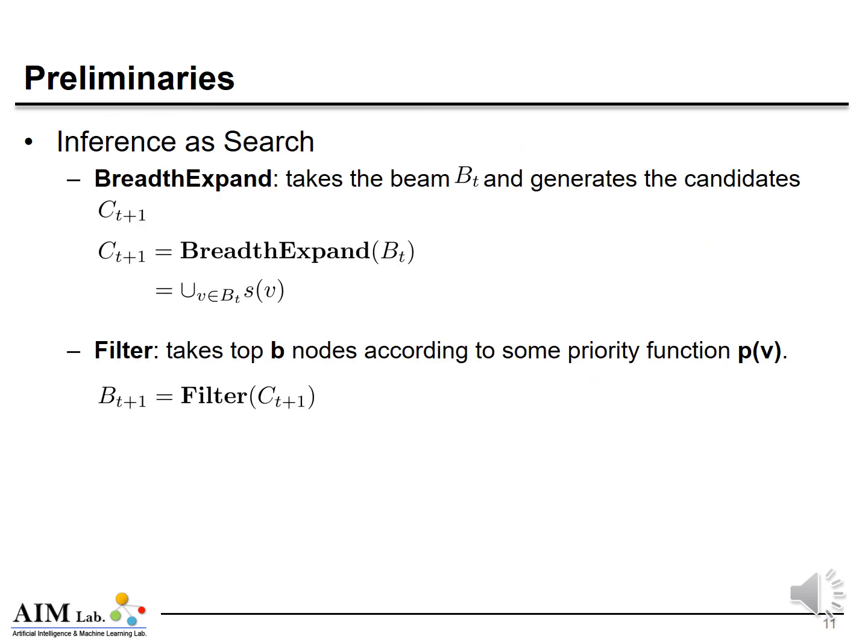Various graph search algorithms can be used for performing inference. For efficiency, we can use beam search with a fixed beam width B. When search begins, the beam B0 contains only the initial node I. We define the function breadth expand, which takes the beam Bt at step t and generates the candidates Ct+1 for the next beam. And we define the function filter. Filter takes the top B nodes according to some priority function P(v).